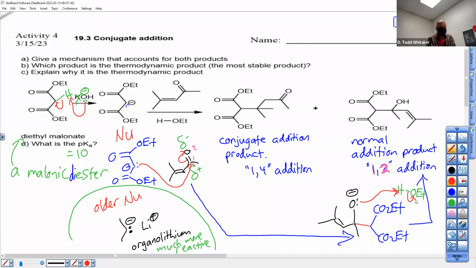The conjugate addition will make sense if you realize that the word conjugate is synonymous with resonance. There's going to be resonance in the mechanism that you didn't talk about with the 1,2 addition. Now, I will put these back on here.